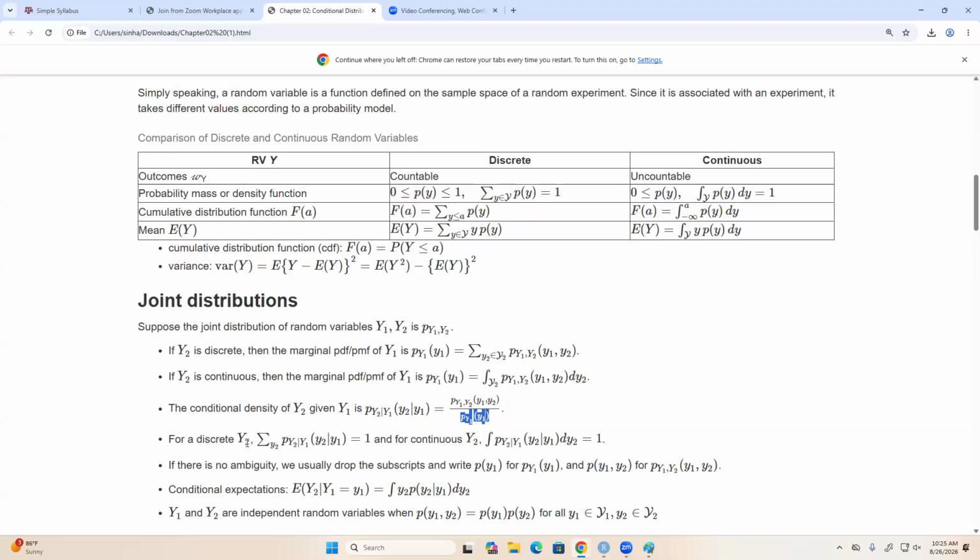For a discrete y2, if I sum this conditional density of y2 given y1 over all possible values of y2, it will always be equal to 1. And for a continuous y2, we replace the sum by the integration and it will still be equal to 1. So my point is that the conditional density behaves like a probability density function. If you sum over all possible values of the random variable, you get 1. For a discrete variable you sum, for a continuous variable you do the integration.